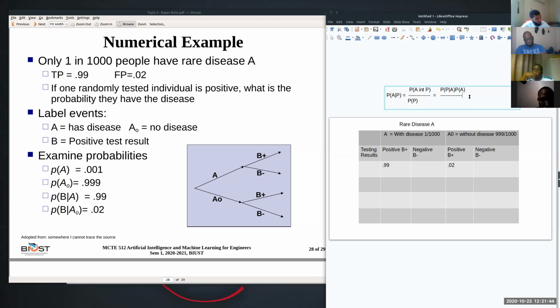And then below, the probability of being positive. What are those other probabilities?